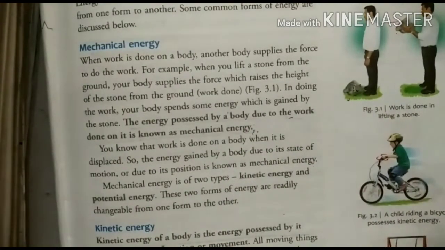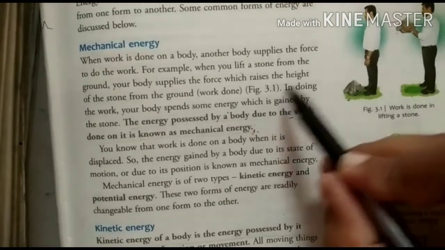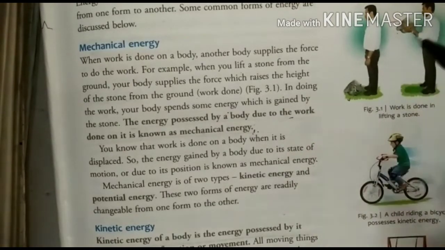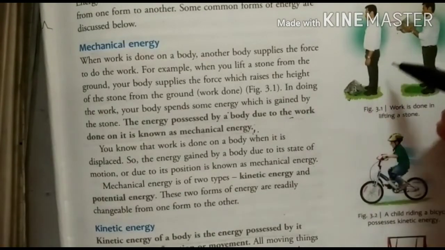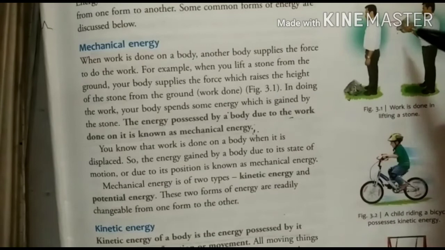Means to lift the stone, you need to apply some force on it, and that applied force raises the height of the stone. When you apply some force on the stone, this stone gets displaced.